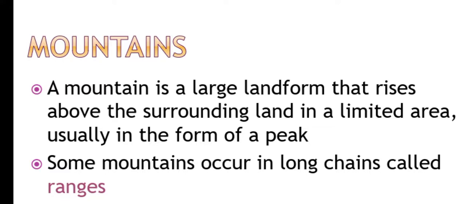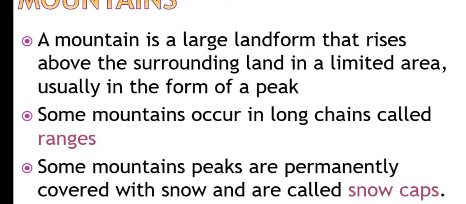These are some of the mountainous ranges, and these ranges are the storehouses of water because many rivers have their origin in these mountains. Some mountain peaks are permanently covered with snow and are called snow caps. Like in the atmosphere, as we go higher, the temperature drops and the climate becomes colder. Thus the habitation becomes harsher, and that's why there is less habitation in these areas.